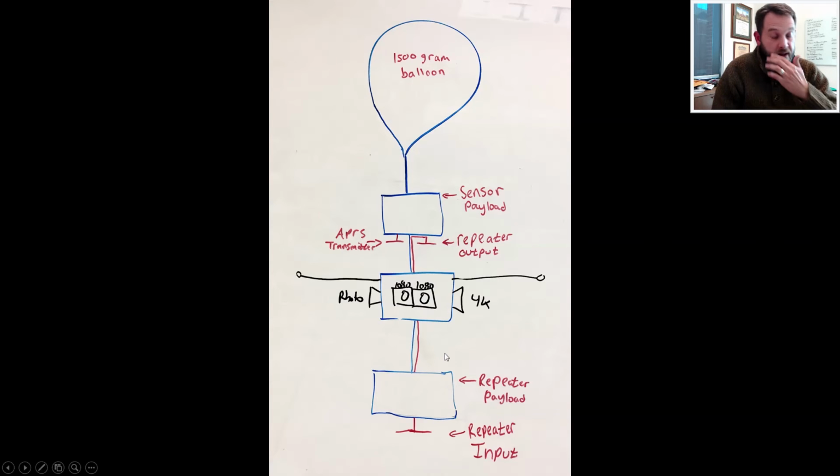And then for the sake of the camera's movement, it was going to be better if we put the cameras in the middle and dropped all of the sensor data down to the bottom. So the final iteration only has two payload containers, but from top to bottom would have been the balloon. Beneath that would have been the parachute, which is not reflected in this drawing.